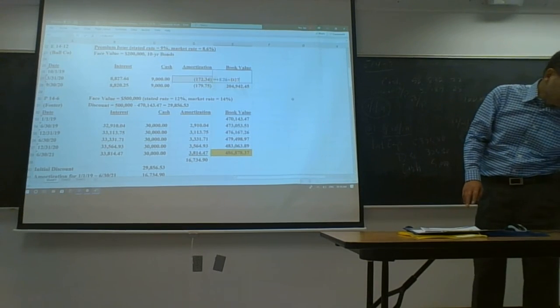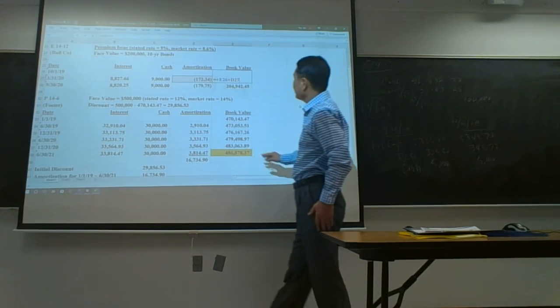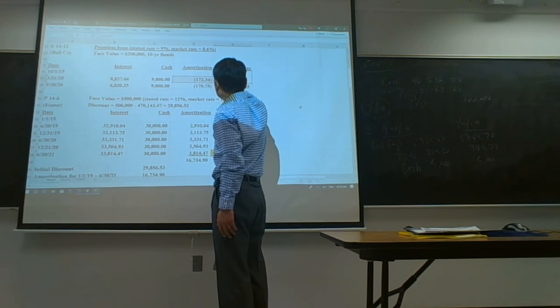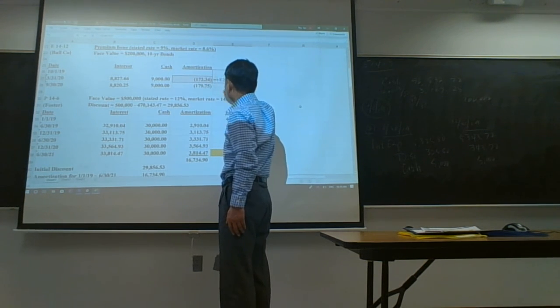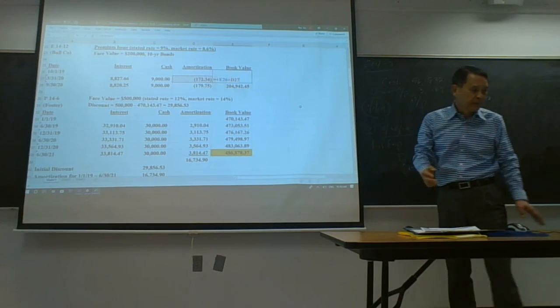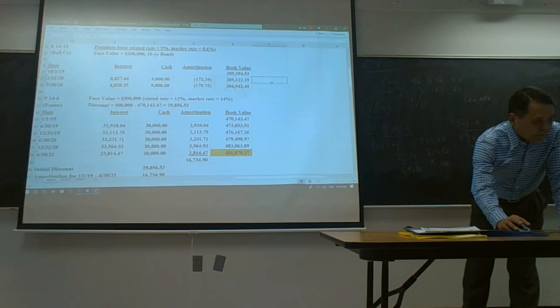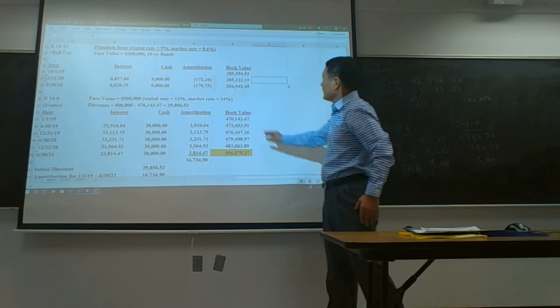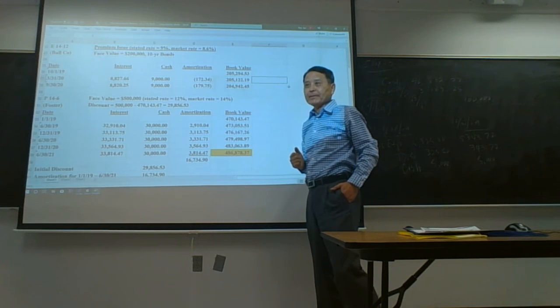Then add this up: the beginning book value plus this is the ending book value. So the ending book value at the first amortization is 205,000 something.